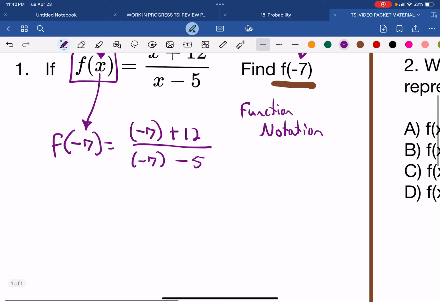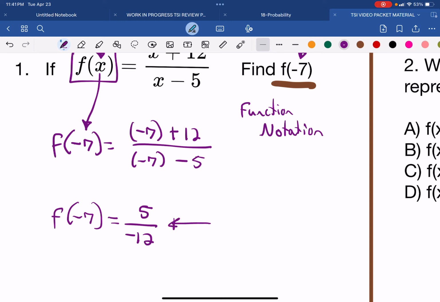Negative 7 plus 12 is 5. Negative 7 minus 12 is negative 12. Very important: in some of the questions on TSI, you will not have a calculator, so try to do this all without a calculator, which you should be able to. So f of negative 7 is equal to 5 over negative 12.